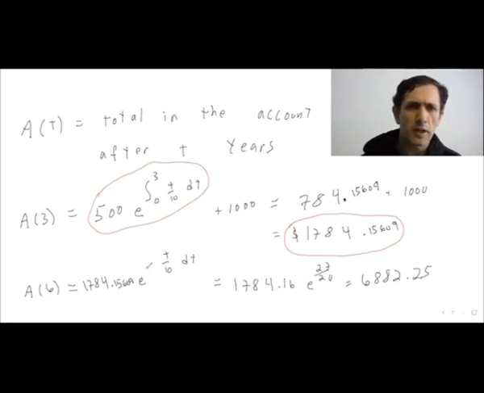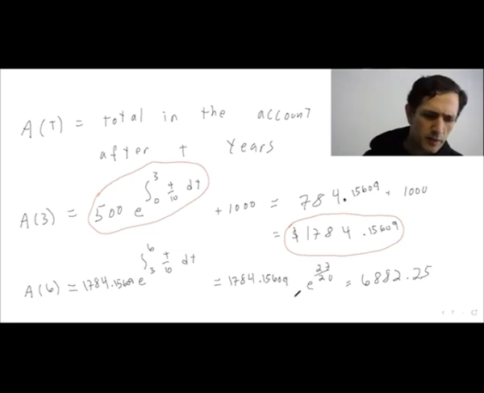It's a little hard to read. So 3 to 6, and this is going to be 1784, 15,609, e to the 27 over 20.